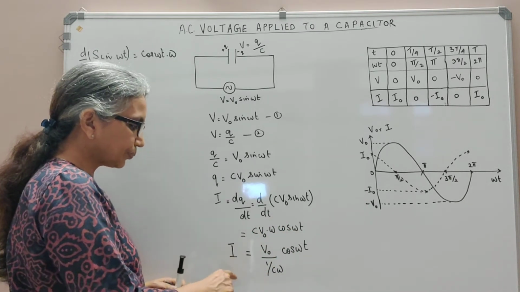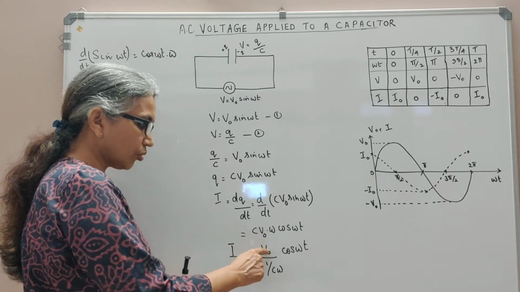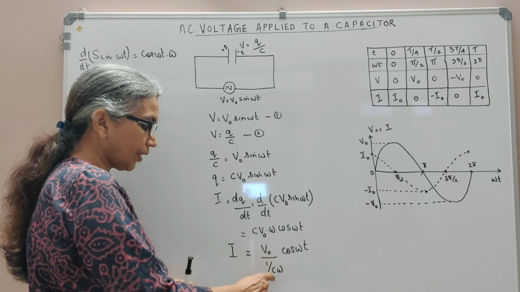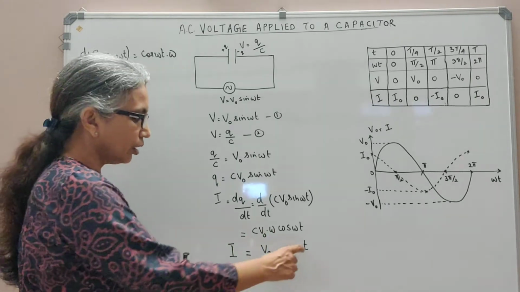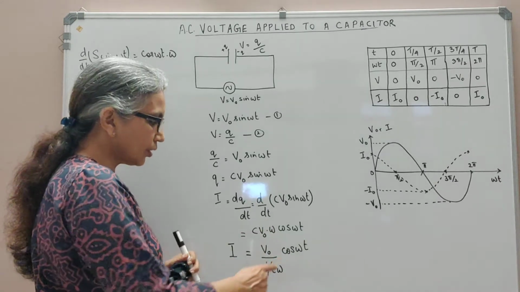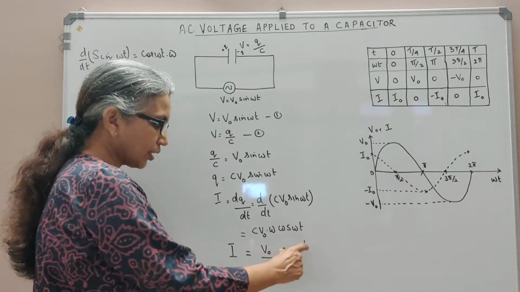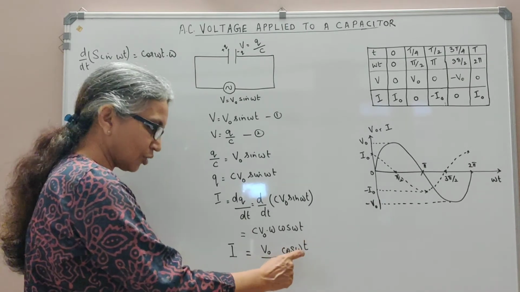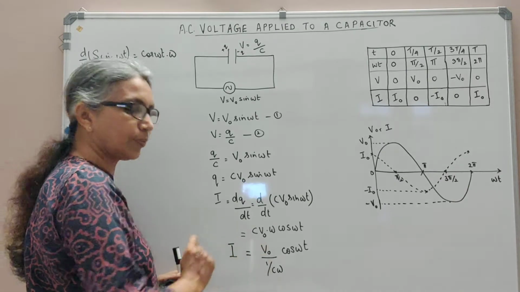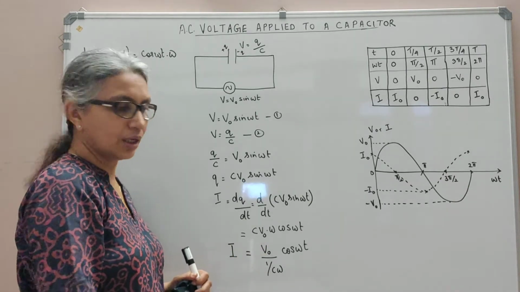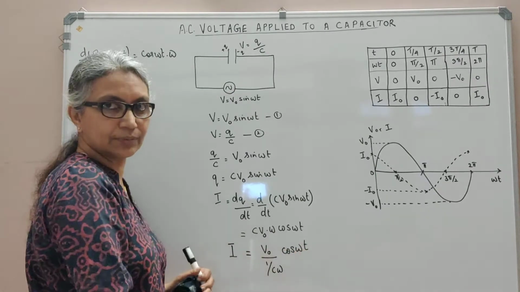Now here, what I did is I put this V0 on top, and 1 by C omega is equivalent to putting the C omega in the numerator, into cos omega t. Now you'll see that the maximum value of cos omega t, as you know, is 1. So if you take the maximum value of cos omega t as 1, then we have a current in the circuit as I equal to V0 by 1 by C omega, which should be the peak value of current, because this takes the maximum value.